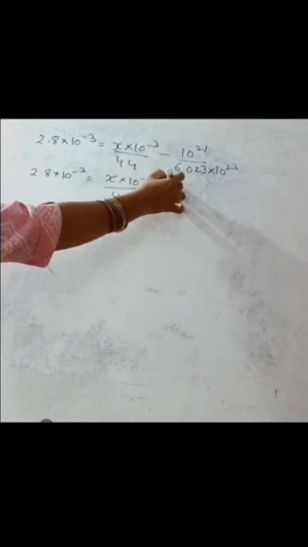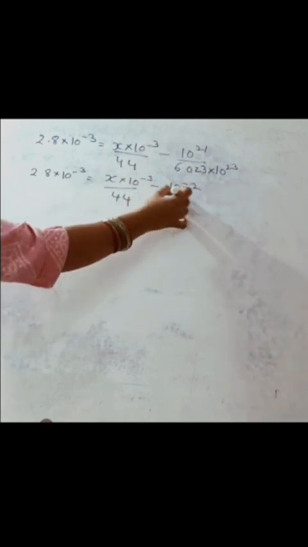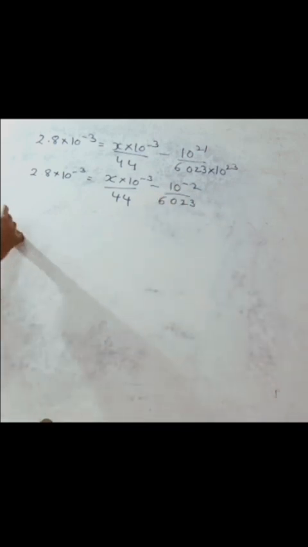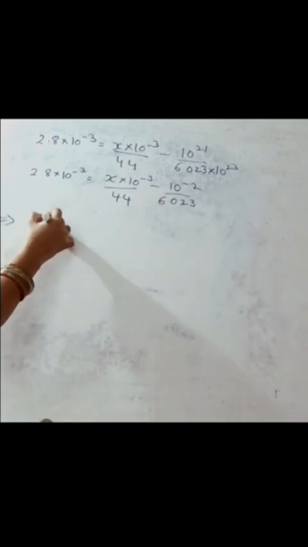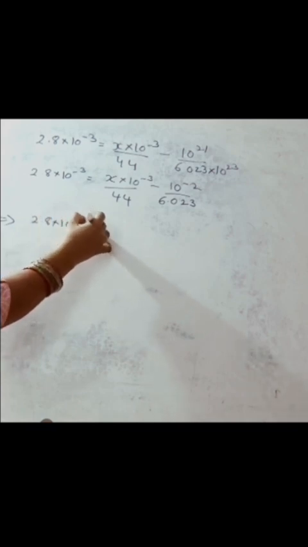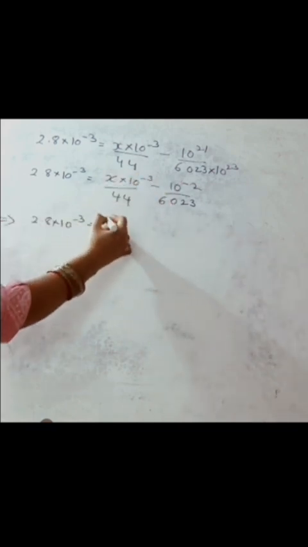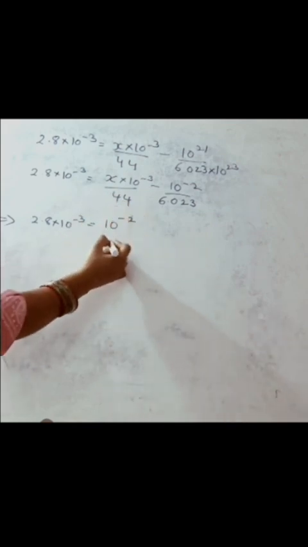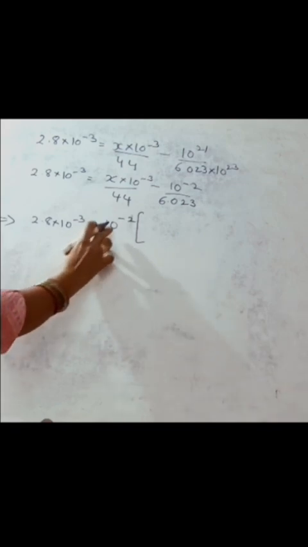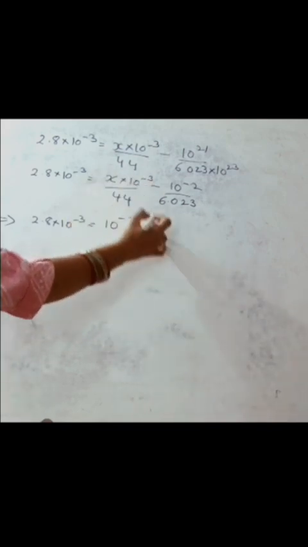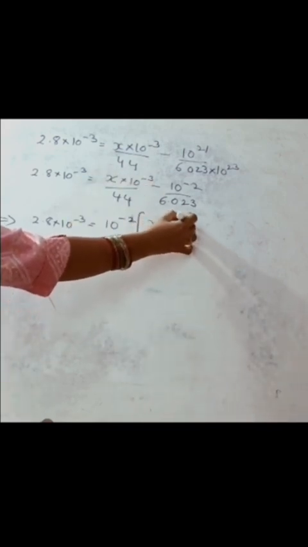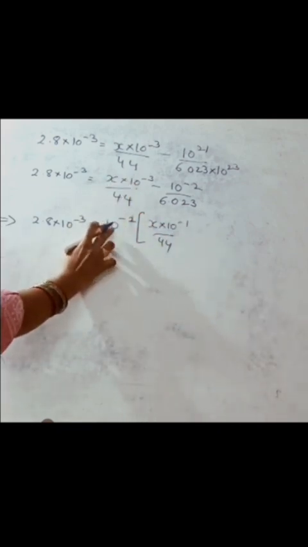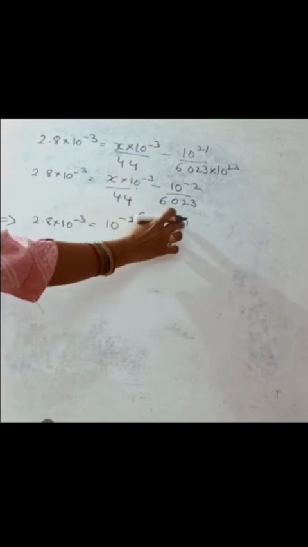If we cancel, then we get 10 power minus 2 by 6.023. I am taking 10 power minus 2 as common factor, then we get X into 10 power minus 1 by 44, minus 1 by 6.023.